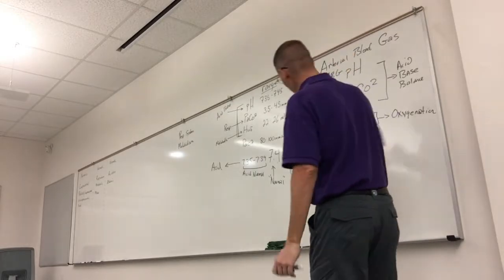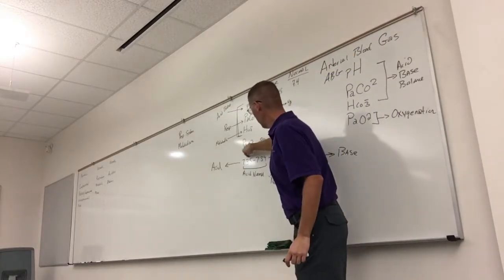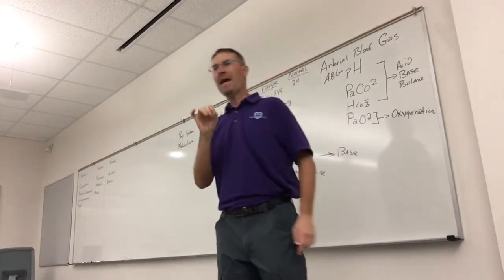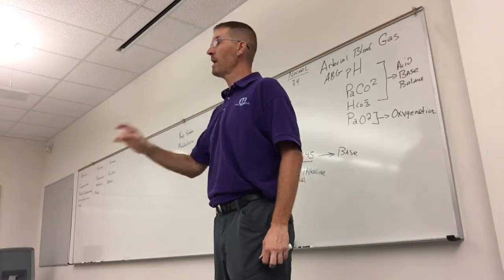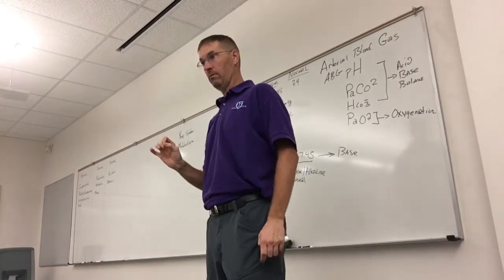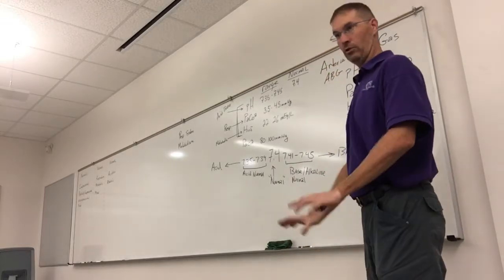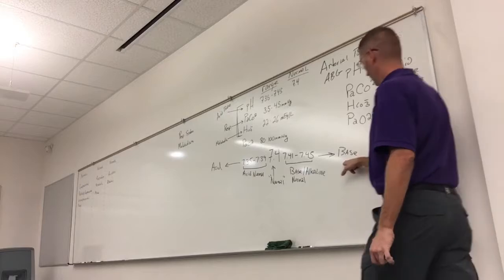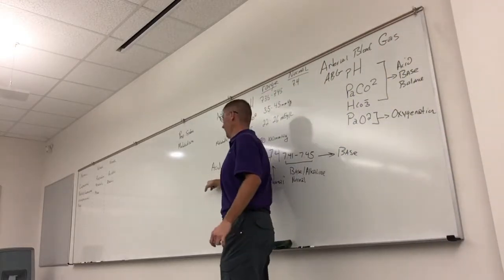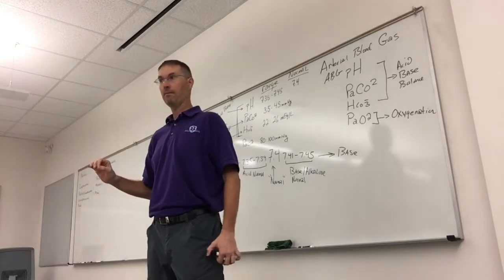If, however, the pH is in this range or this range, the ABG may or may not be normal. May or may not be normal. We don't know. So far, so good? If the pH is here or here, it is definitely abnormal. Are you okay with that?